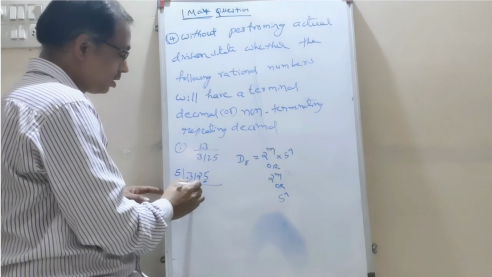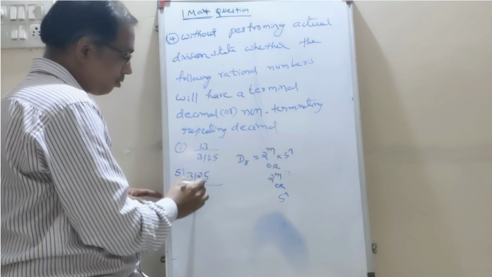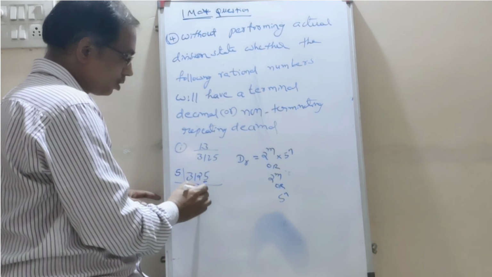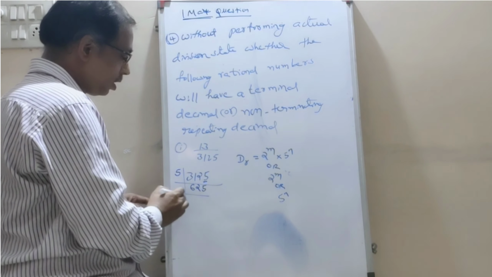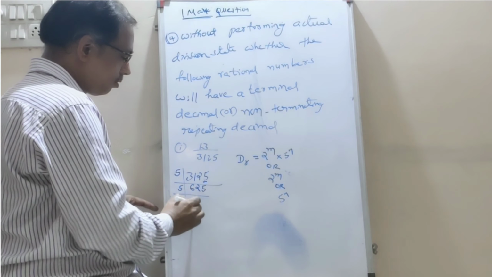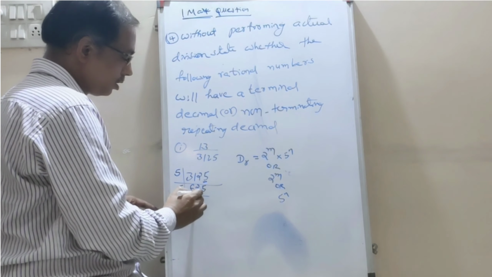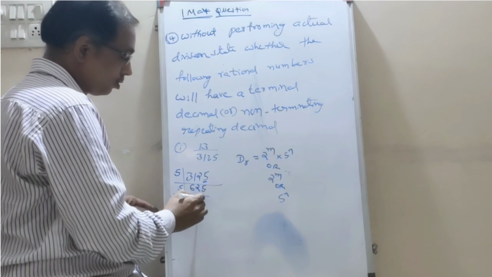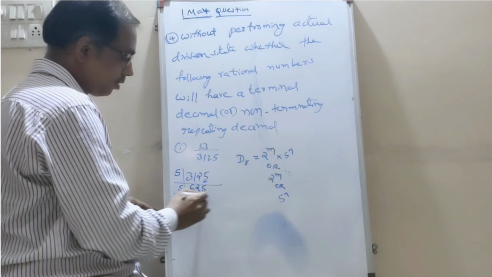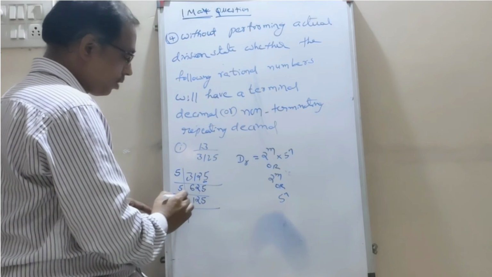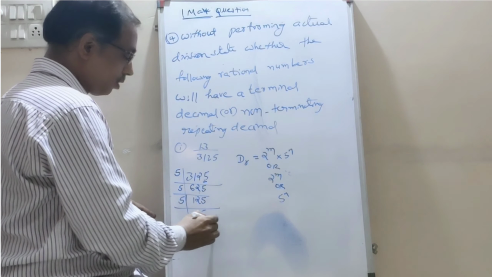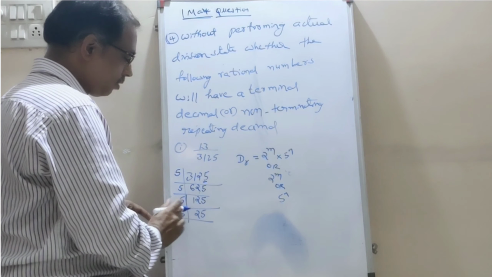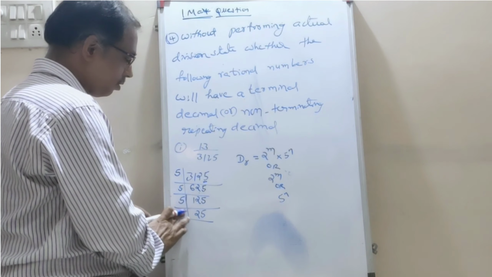So divide it: 5 6s are 30, balance 12, 5 2s are 10, balance 25, 5 5s are 25. Again the 5 table: 5 1s are 5, 5 2s are 10, 5 5s are 25, the last 5 5s are 25.